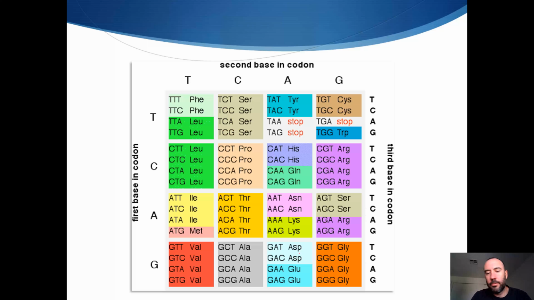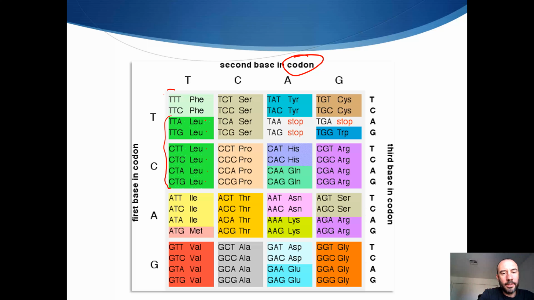You won't really need to use this, but this is a chart where you're looking at codons, and you can see what amino acids correspond to those codons. So all the ones in the same color make the same amino acid. So this is leucine. All of these make leucine.